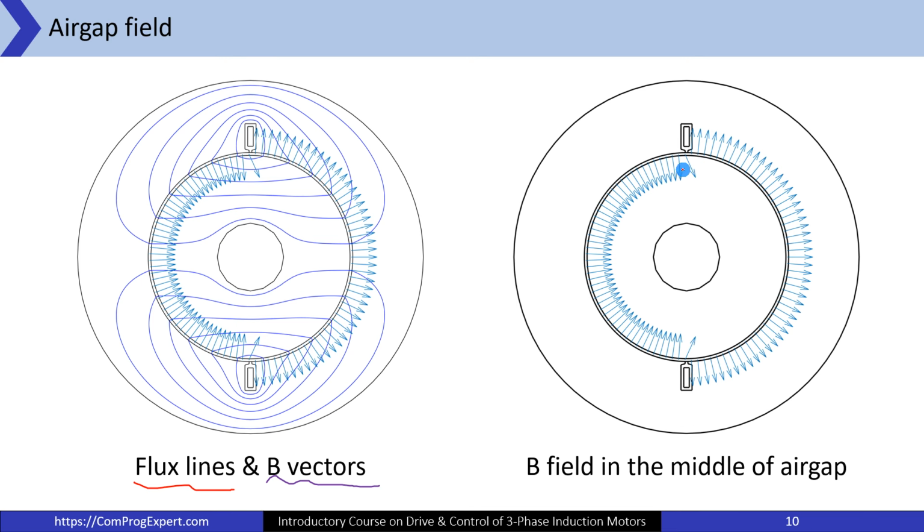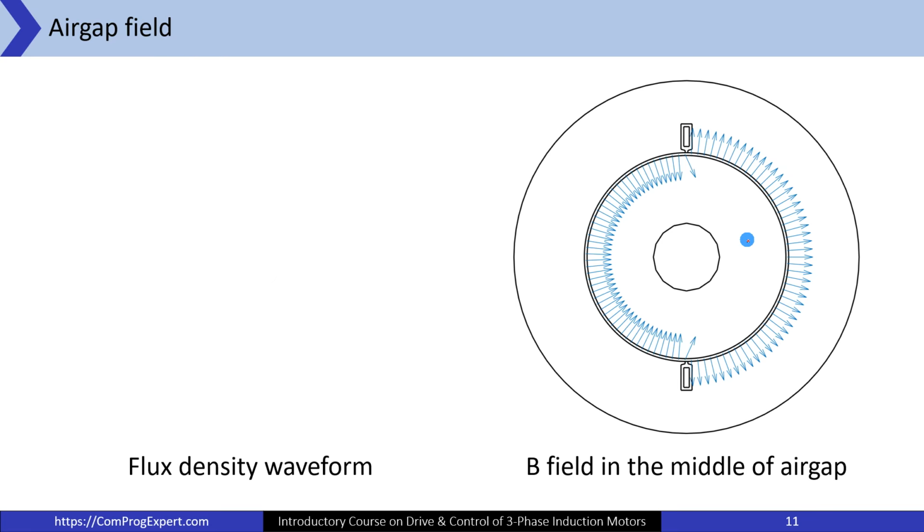For this side the direction of the field is radially inward, and here we have a radially outward field. So the important curve that we have is the flux density waveform.